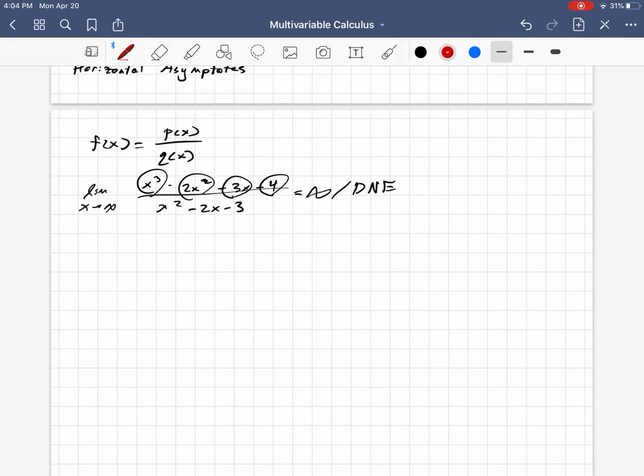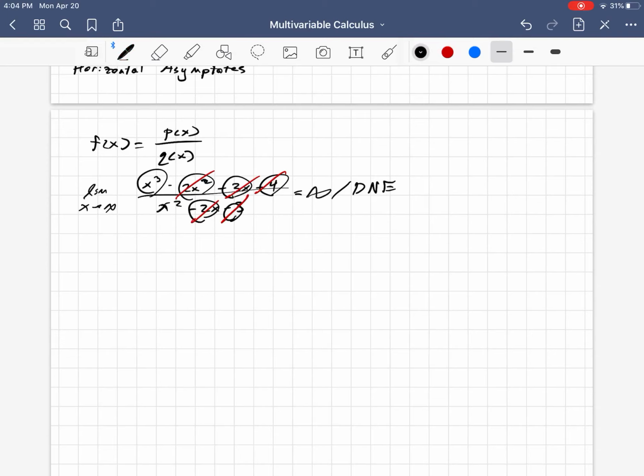Why? Because this x cubed is the dominating term here in the numerator. It's going to outpace this term and this term as x gets bigger and bigger because it's got more factors of x in it. And so these become insignificant as x gets bigger and bigger, and you can effectively cancel them out since x is increasing without bounds.